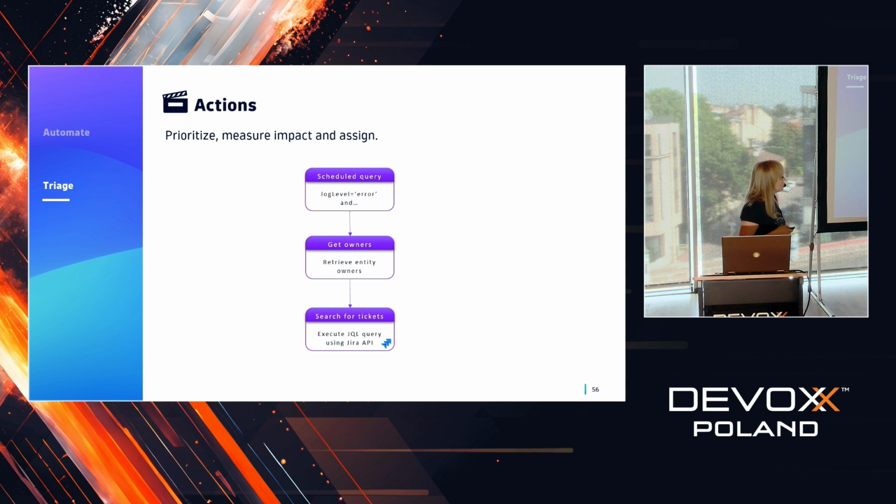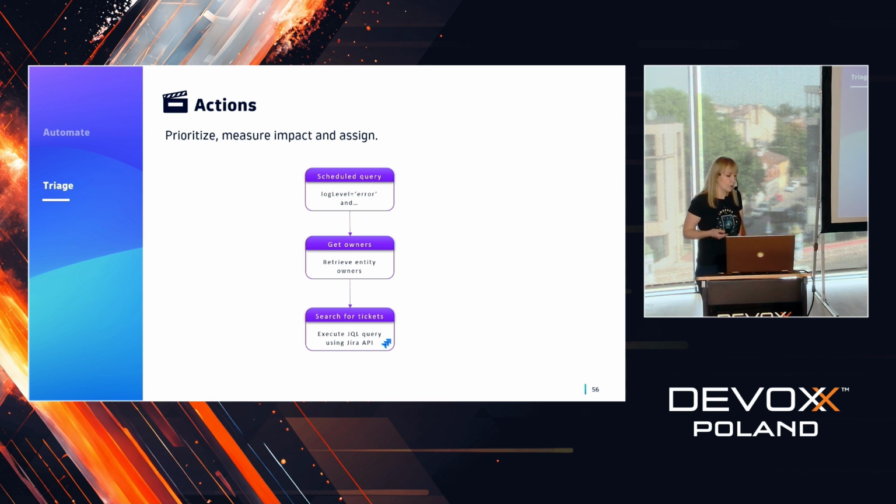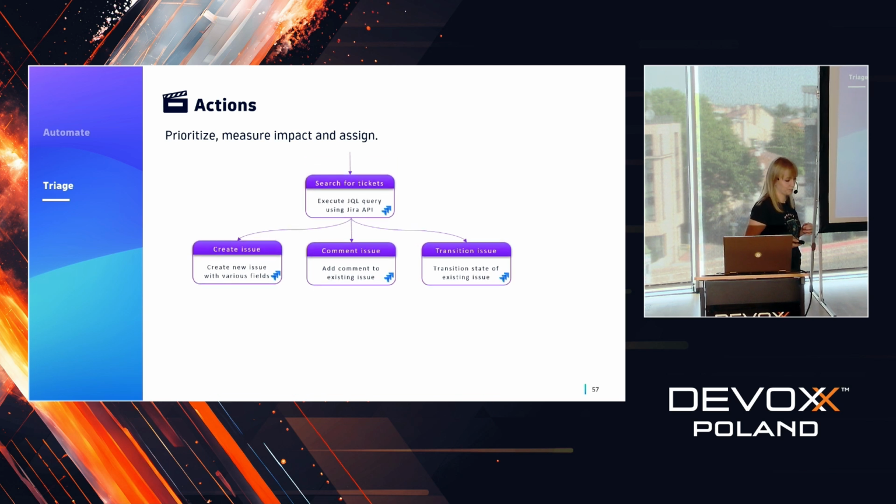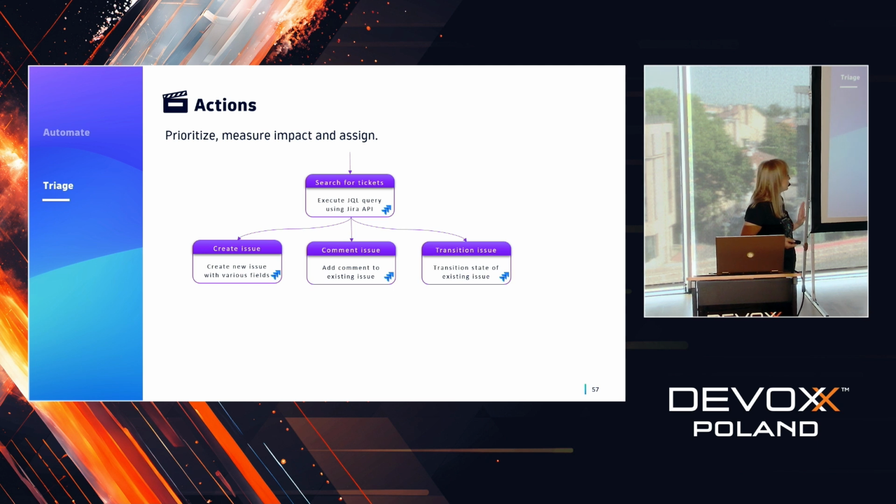Then we can go to the Jira API and execute a JQL query that will show us if there is any ticket already existing for this issue. And based on the response, we can decide if we would like to create a new issue, or maybe we would like to just add a comment that there is additional impact of this issue to the existing ticket. And in the end, we could use, for example, the Jira and Slack integration to notify the users about it.